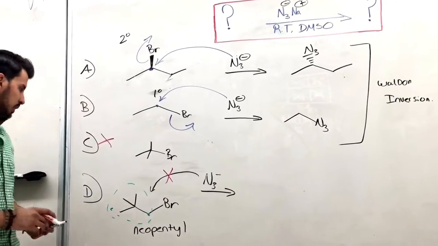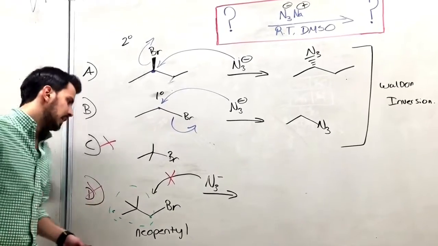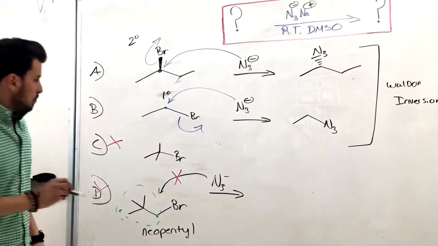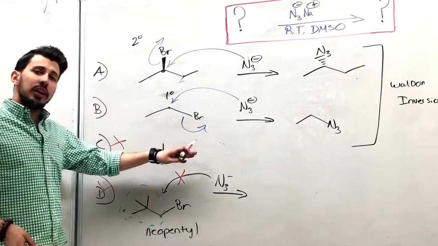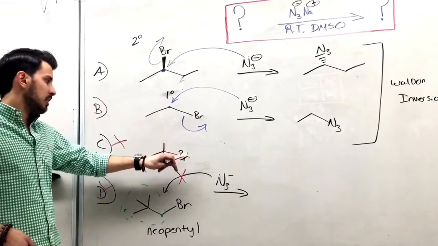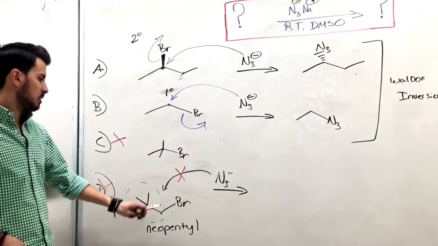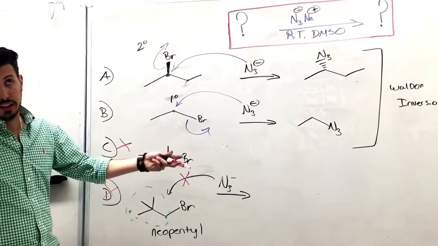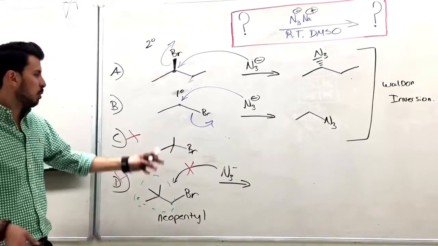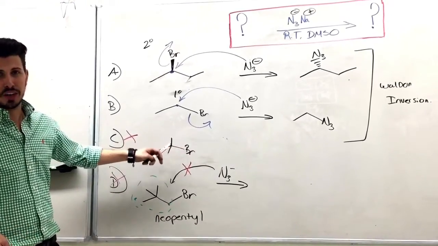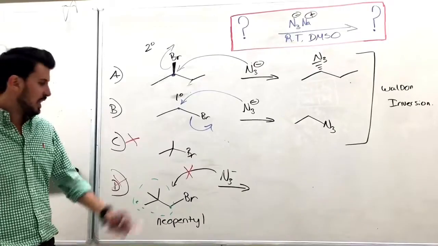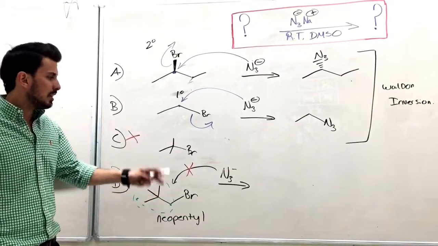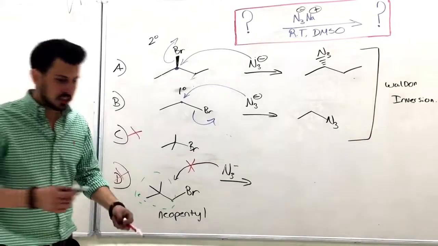So the point is, there will be virtually no reaction. Anytime you see a tertiary alkyl halide, or you can have leaving groups that aren't halides, anytime they have a leaving group attached to a tertiary carbon, it will not do Sn2. Anytime you have a leaving group attached to a neopentyl, you're likely to put no reaction on there.